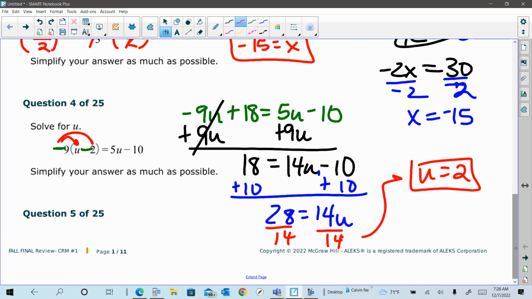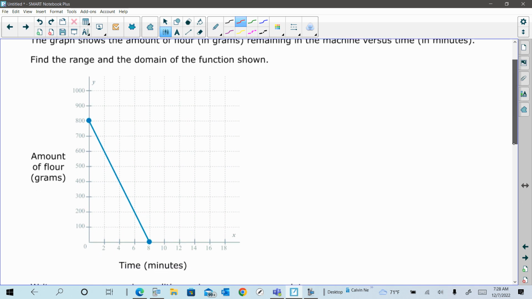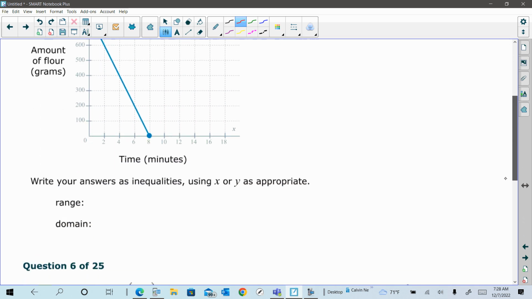All right. On question 25, which is actually the pictures on the right side, talk about domain and range. You have to remember the range is the y values. So when you look at the problem, you want to look from low to high.